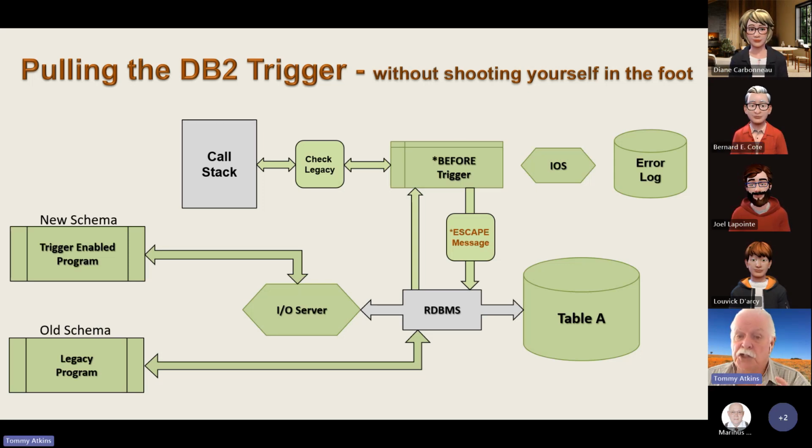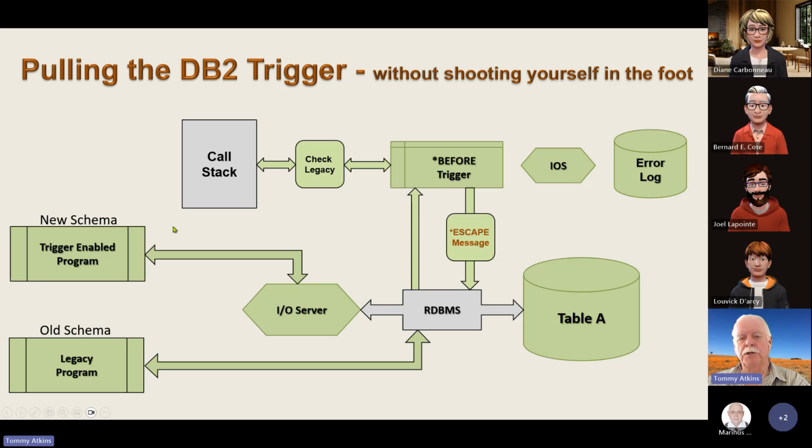Yeah. And the check legacy would then have to do an IO on that in order to find the program, chain to that file, and get the result.